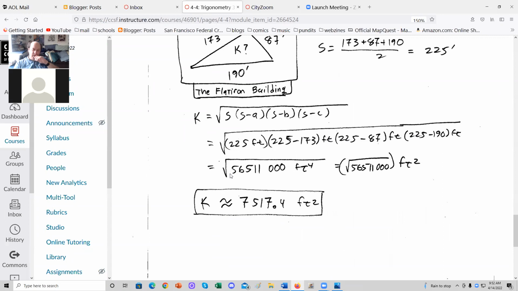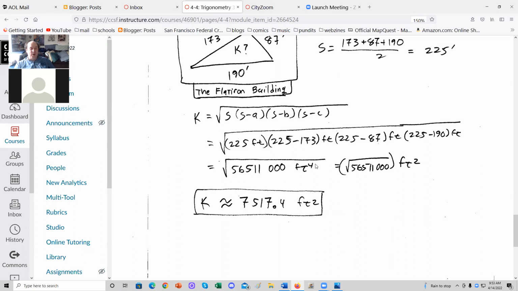So that's the square root of 5751100 feet to the fourth power. I'm amazed that Heron even came up with his formula because it seems to be talking about fourth powers of lengths, which might appeal to a science fiction writer as the hypervolume of a tesseract, but I don't.